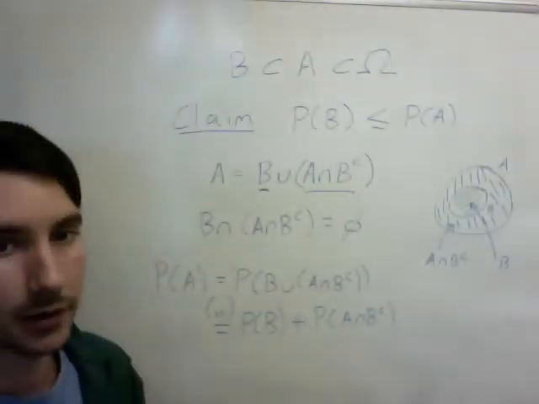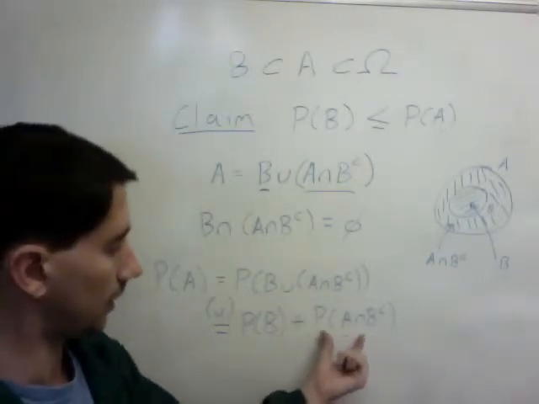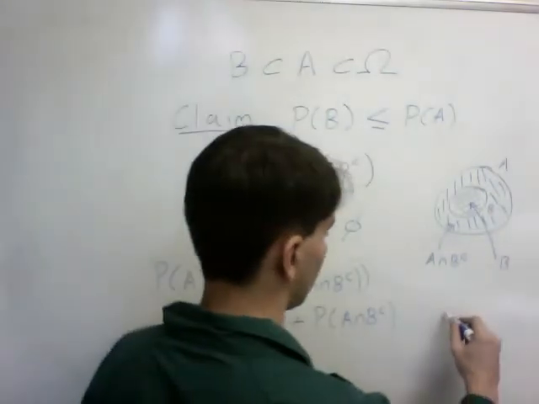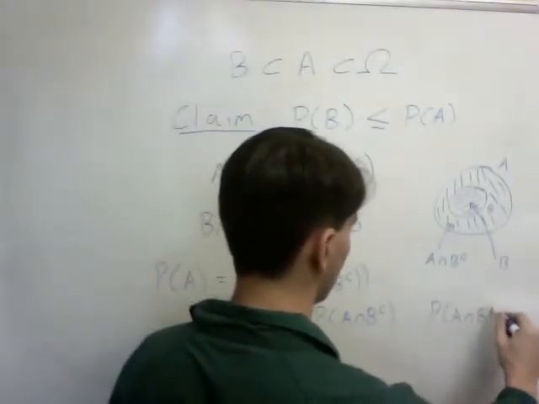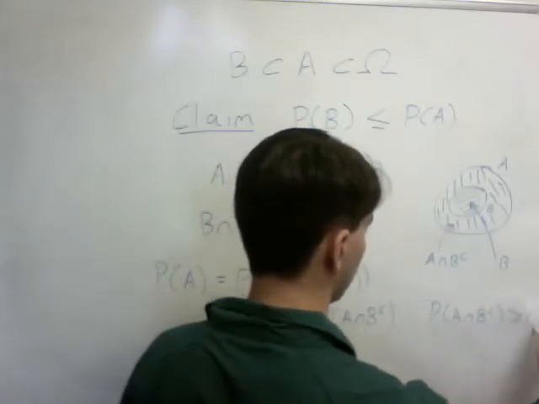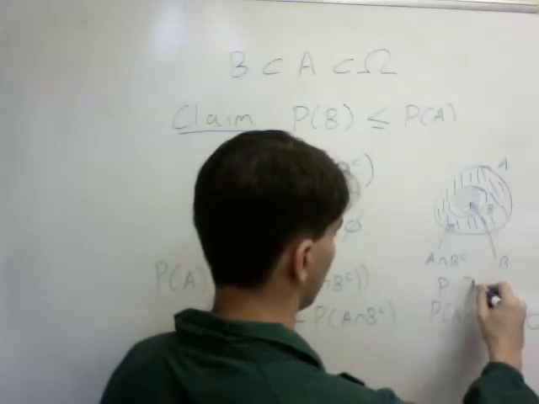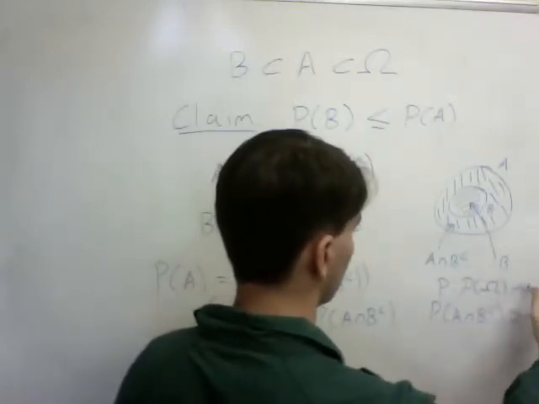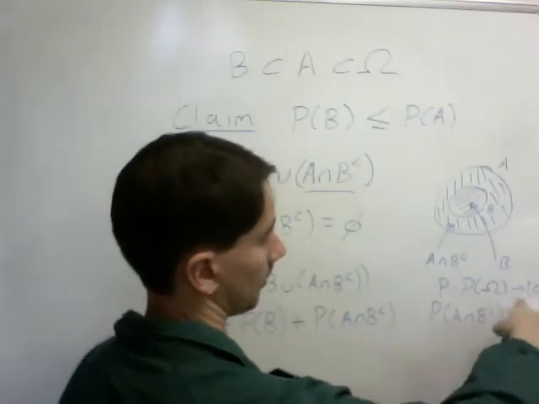Okay, and remember the probability function takes everything from sets to the interval 0, 1. So in particular, the probability of A intersect B complement, whatever number this is, has to be bigger than or equal to 0, because P is a map from the power set of omega to 0, 1. So the only values it could take are between 0 and 1.